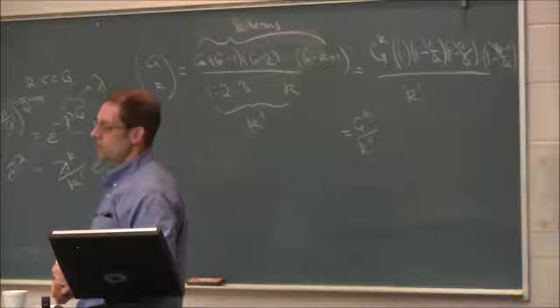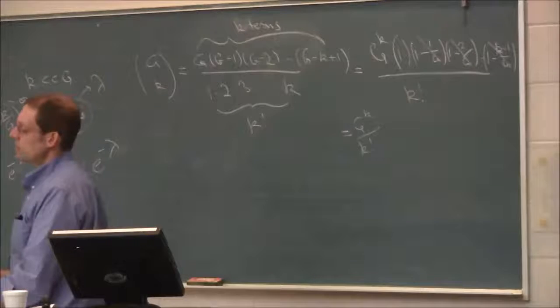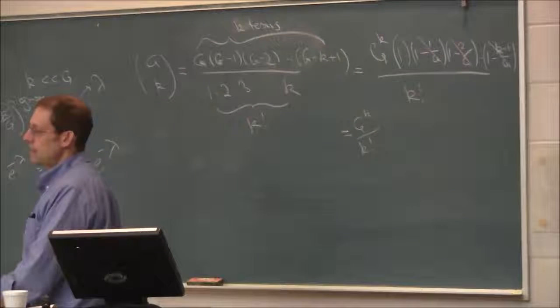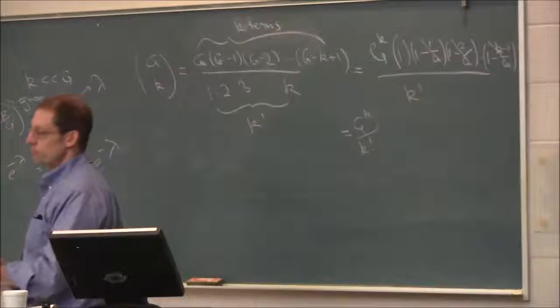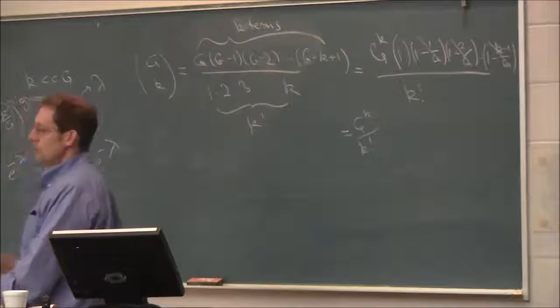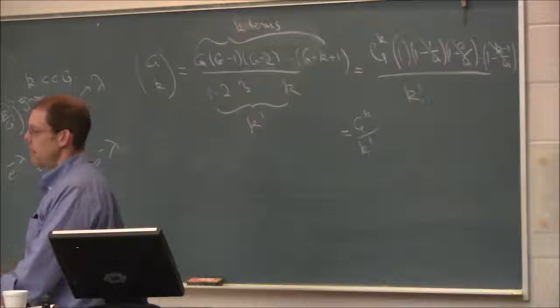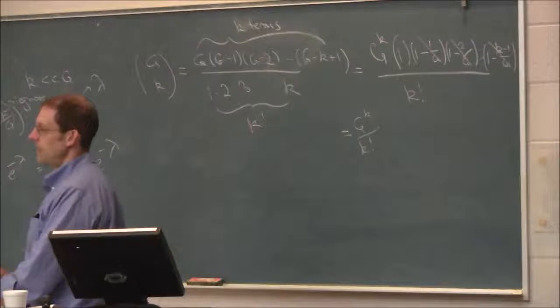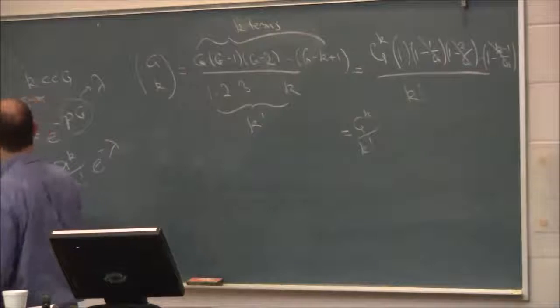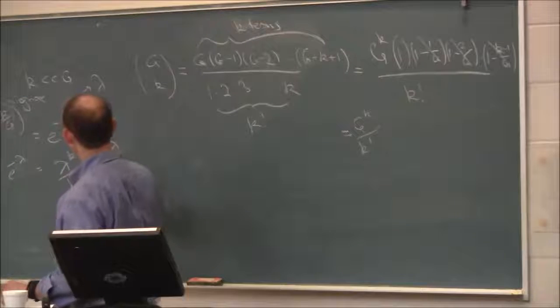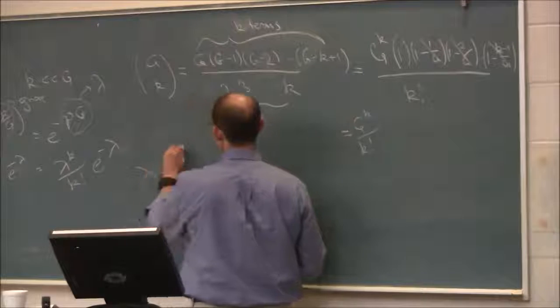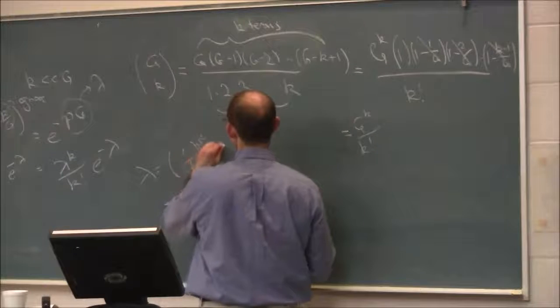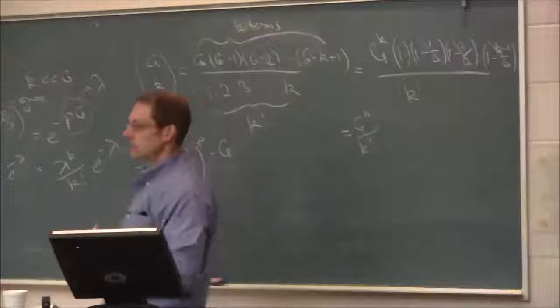So we get a Poisson distributed number of hits, which is what we should have expected, because the Poisson distribution is a limit where you have an experiment that you repeat lots of times with a small success probability per time, and in the limit that the success probability goes to 0, the number of trials goes to infinity, and the product is a finite number, you get a Poisson distribution with that as the mean. And so that's what we have, a mean of lambda hits, where lambda is equal to 1/4 to the w times g. All right, so there are some questions.